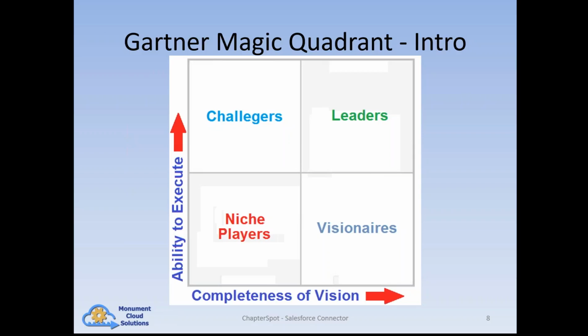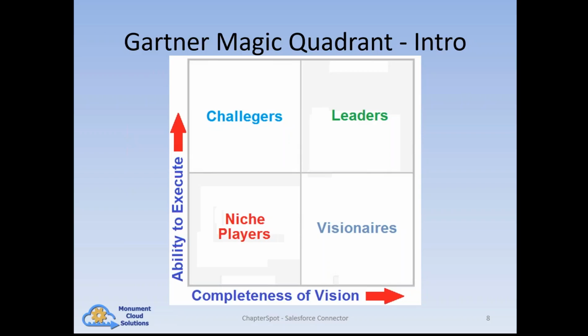Again, lower ability to execute down near the bottom, and then greater ability to execute as you move up vertically along the axis. So in the bottom left quadrant, you've got niche players. These have relatively low ability to execute and relatively incomplete vision. They're niche players because they typically specialize in a smaller segment of an overall solution. And then as the ability to execute increases, you've got the quadrant at the upper left called challengers.